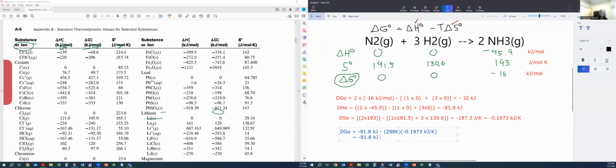Okay, that should be a plus now. Plus 58.8 kilojoules, because the Kelvins canceled, equals negative 33 kilojoules, which is the same value.